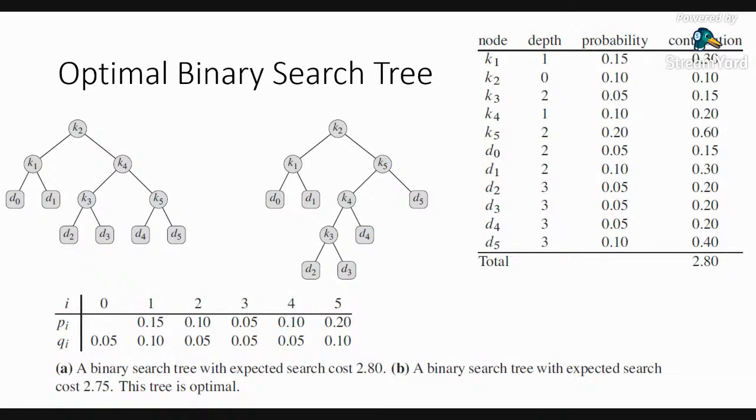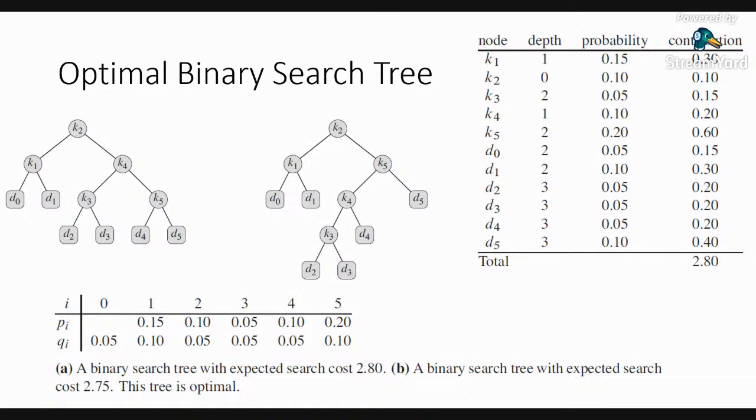As we can see here, if I am considering K2, the depth is 0. It means that only a single comparison is required if I am searching for K2. So if the searching probability is 0.10, then the contribution is also 0.10. But for example, consider D4. Where is this D4? D4 is this. If it is an unsuccessful search and I land here, that is one comparison, second comparison, third comparison, and fourth comparison.